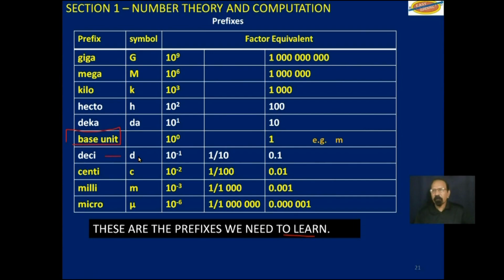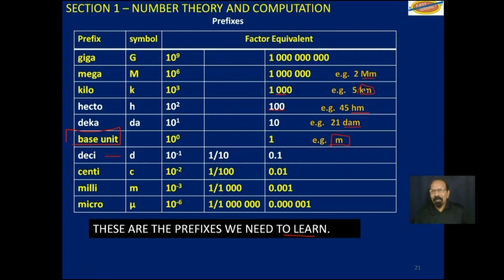So let's look at some examples. If the base unit is meter, we go upward. If we take 10 meters, we'll get decameter, written like that, D-A-M. And if you take 100 meters, you get hectometer. You take 1,000 meters, you now are dealing with kilometers.